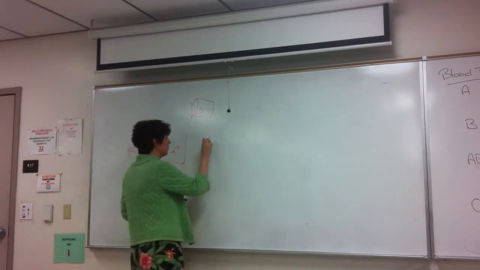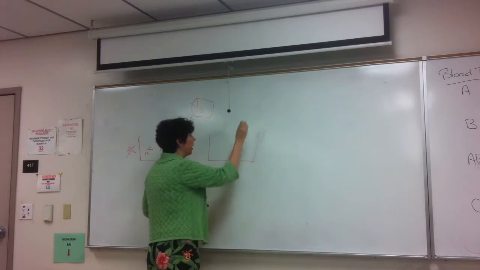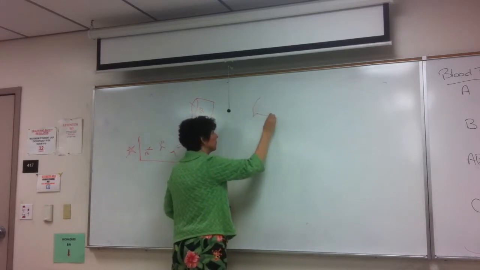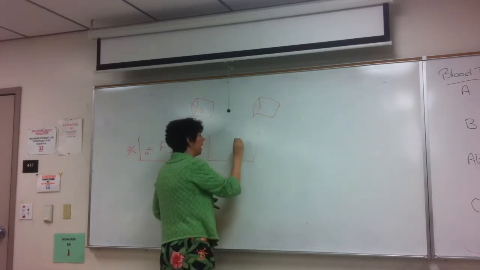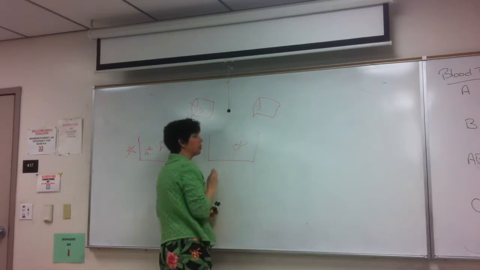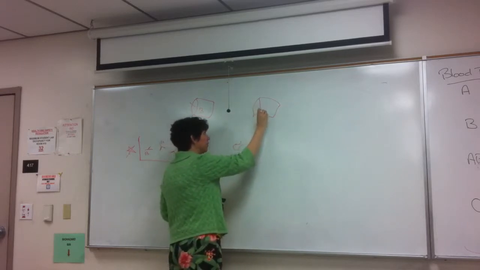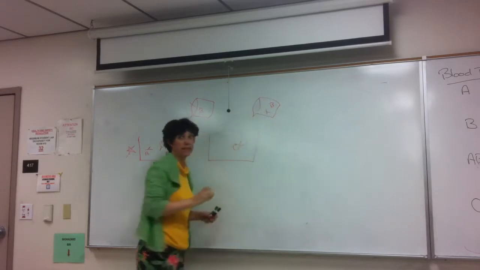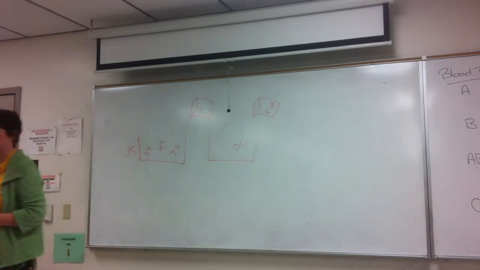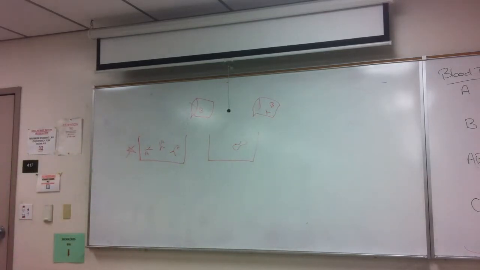Because worst case scenario, if my red blood cells have a B antigen, and I give them blood that has B antibodies, yes, there will be some clumping, but most of those antibodies will be diluted out. So this is possible.